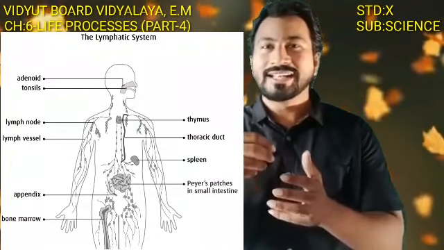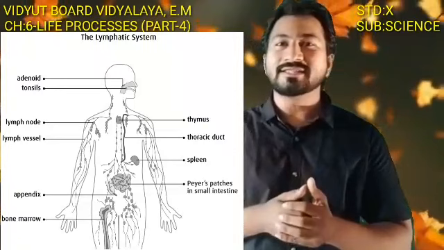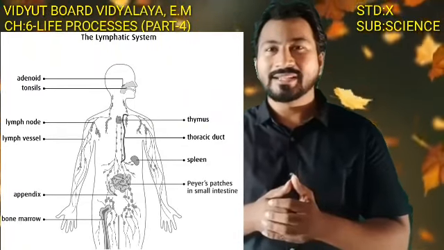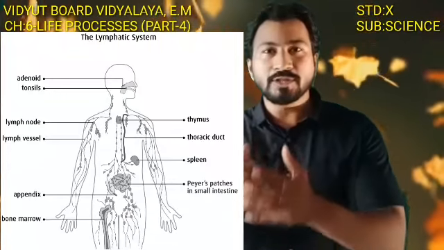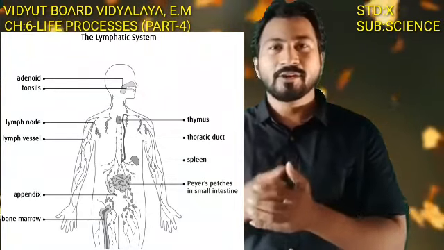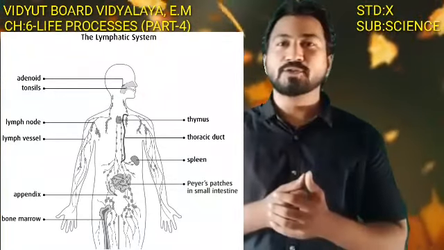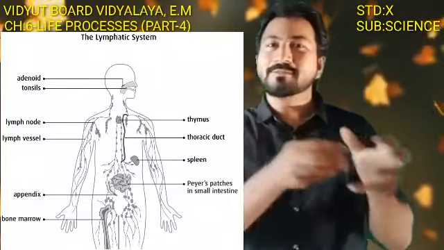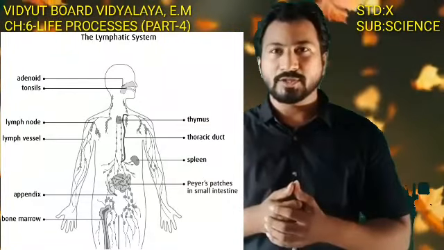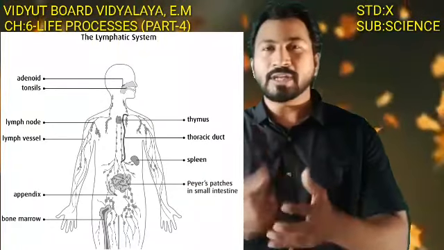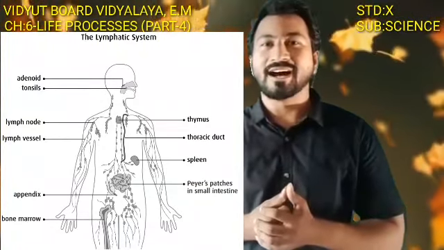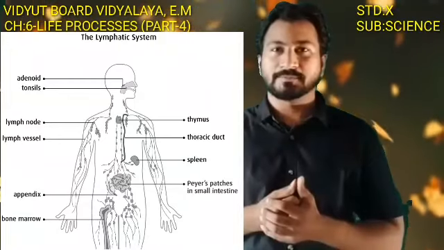This fluid accumulates in the intercellular spaces, and it mainly collects some of the useful substances. From the villi also it absorbs useful substances and gives them back to the blood circulation. One more major function it does is that it protects the body from various harmful substances also.